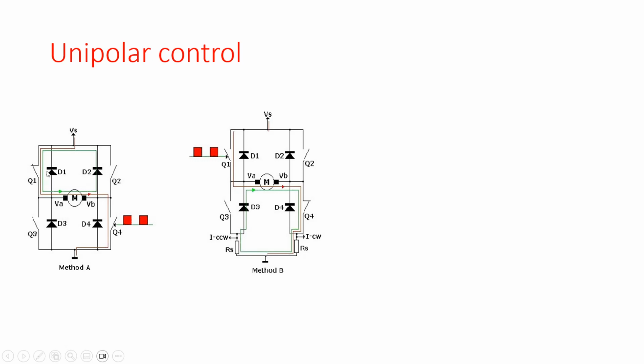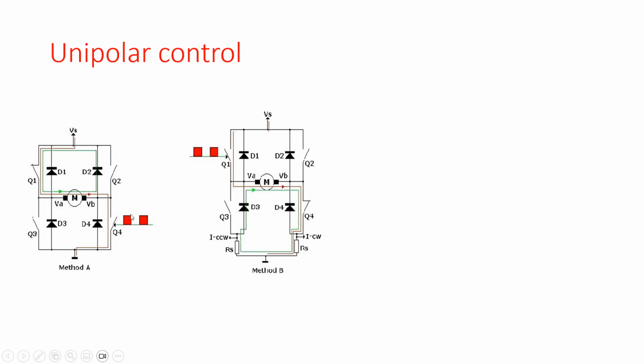In this situation I have put a positive voltage to MOSFET Q1, so MOSFET Q1 is conducting all of the time. So we can say switch Q1 is closed during the whole operation. In that case, this is a connection from the power supply VS towards the motor over here. And we put a PWM voltage to MOSFET Q4, so MOSFET Q4 is switching.